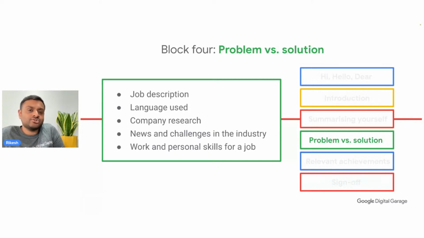Why are they hiring for this job role? It could be something very simple in the sense that they're expanding, but a lot of the times, even though they are expanding, they require somebody who has a specific skill set and a specific set of strengths as well.